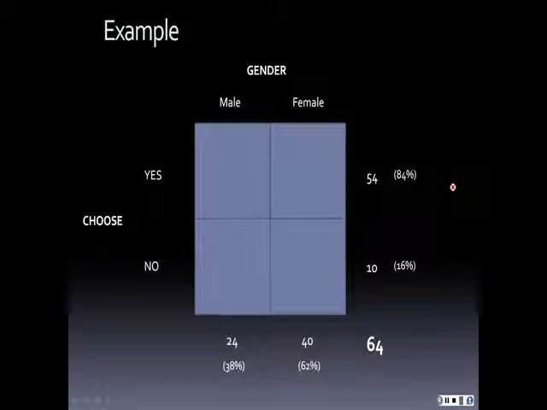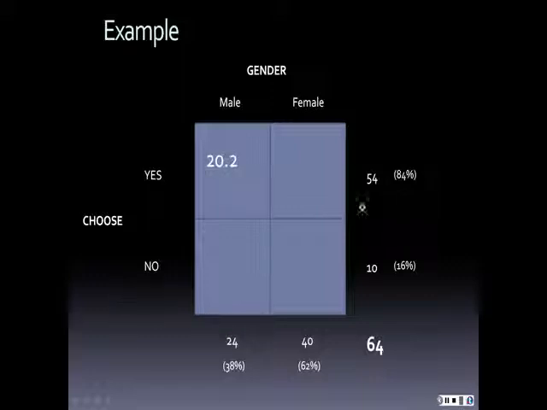And it all comes down to these proportions, percentages. What you might expect if there was no relationship between choice and gender is that if overall 84% of your respondents said yes, then you would also expect logically that 84% of your 24 men would also say yes.